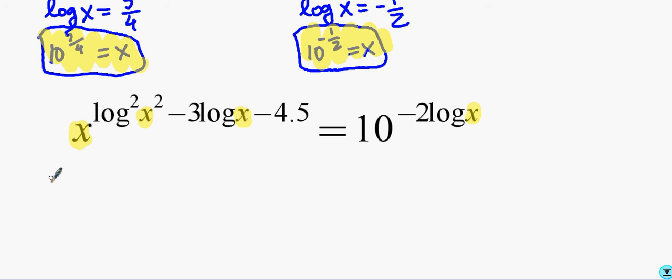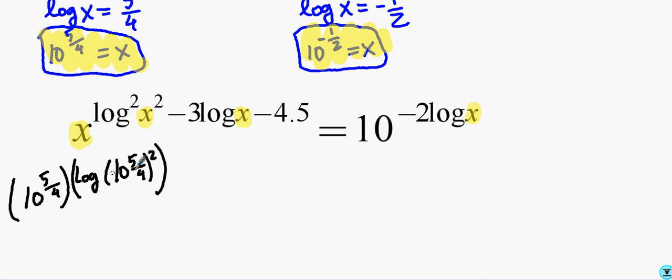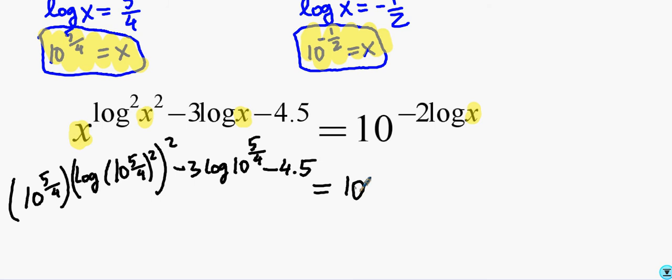So we're saying that 10 to the 5/4 to the power of log of 10 to the 5/4 squared, and then everything squared, minus 3 log 10 to the power of 5 fourths minus 4.5 should equal 10 to the power of negative 2 log of 10 to the power of 5 fourths.